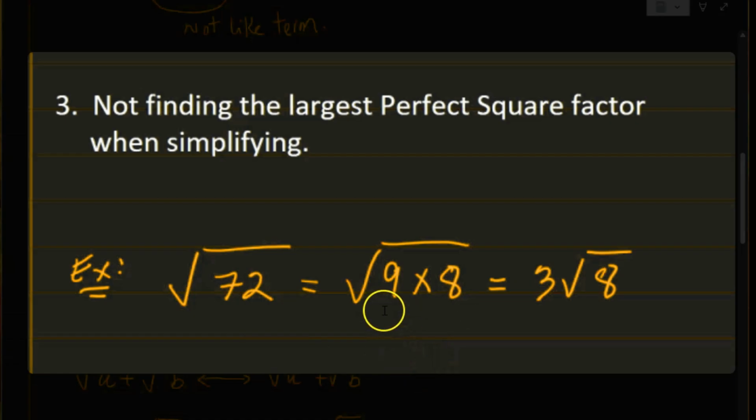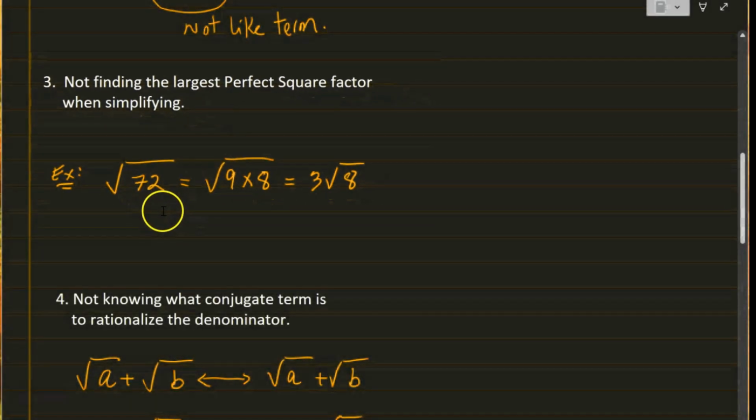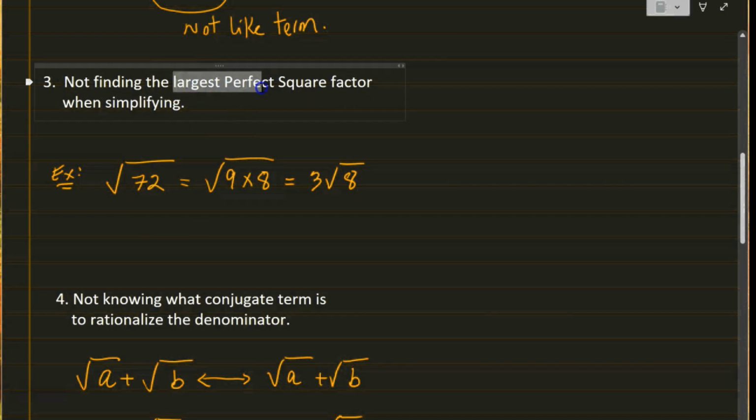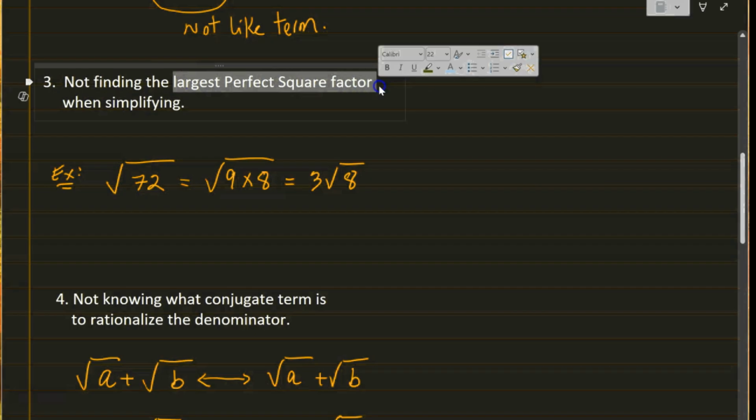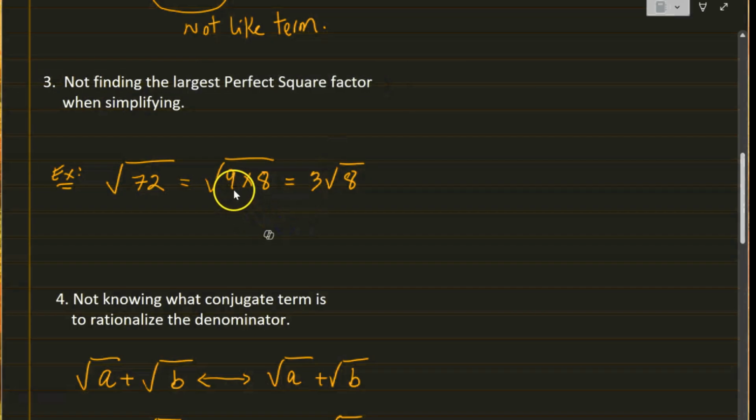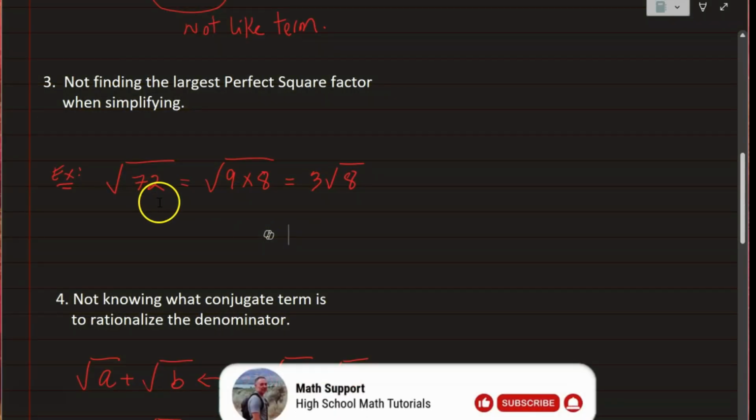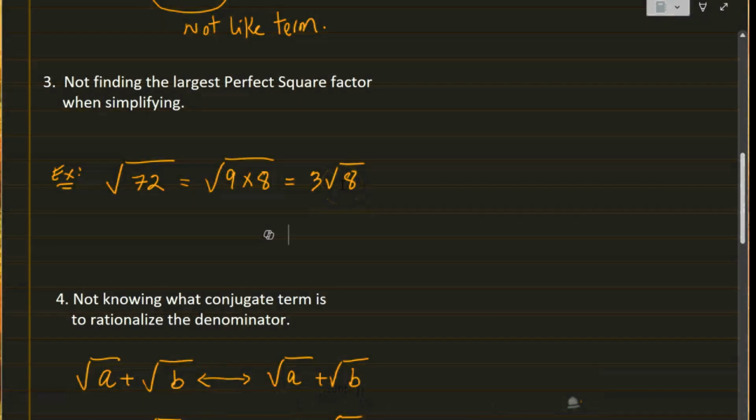Sure, 9 is a perfect square factor, because that's what you do to simplify radicals: you find the perfect square factor. But you have to find the largest perfect square factor. And 9 is not the largest perfect square factor of 72. It's 36, right? So if you get to this part, 3 root 8, then you're not complete.